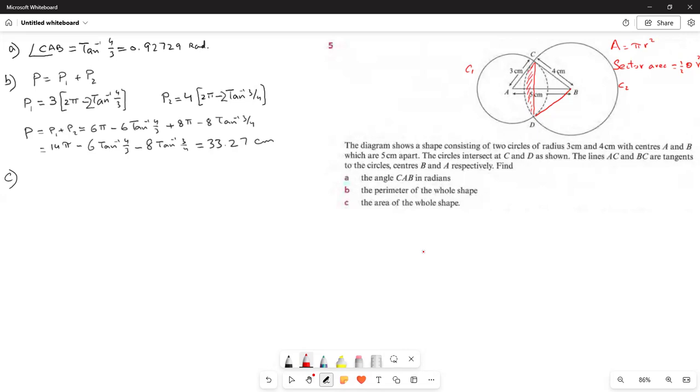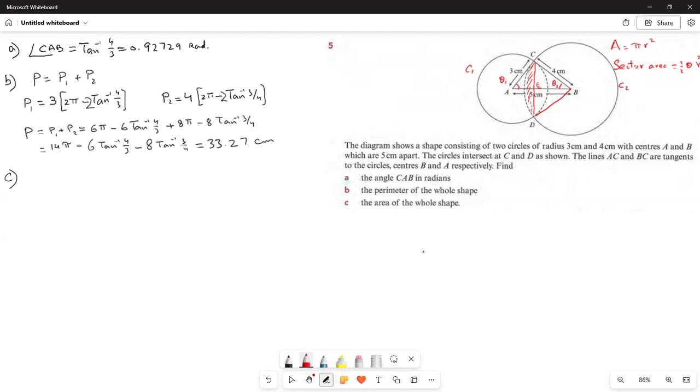Now, how can I find the area of this triangle DBC? I need to know the distance DC, and I need to know the distance, let me call this point E, BE, right? You can see this angle, let me call it theta 2, and this angle theta 1.